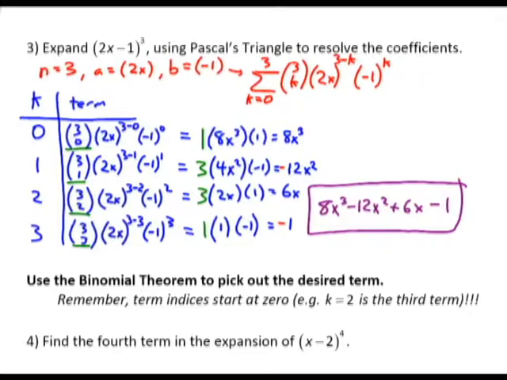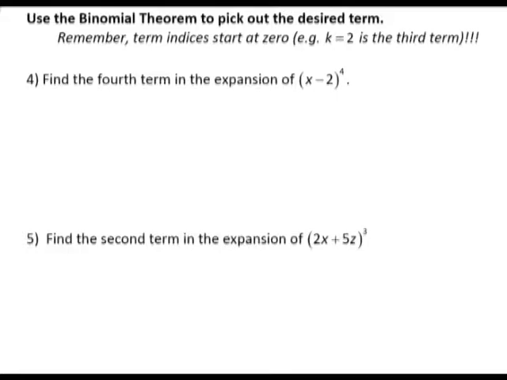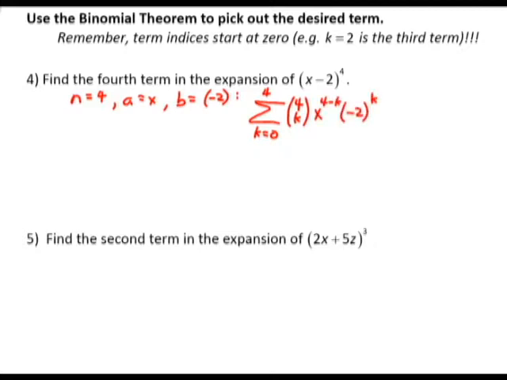We can also use the binomial theorem to pick out one single term. Let's say we only want the fourth term of the expansion of x minus 2 to the fourth. When we pick out the fourth term, that's the fourth term that we would count from the left.